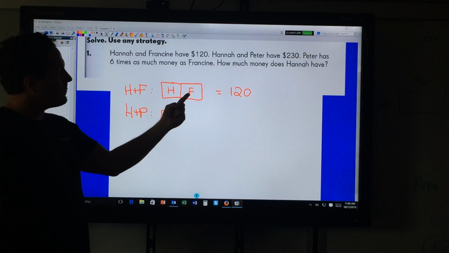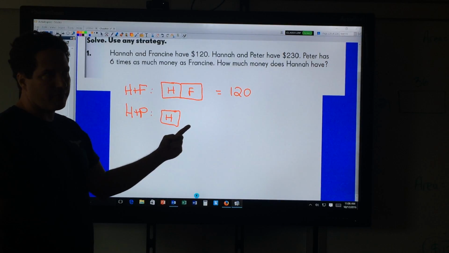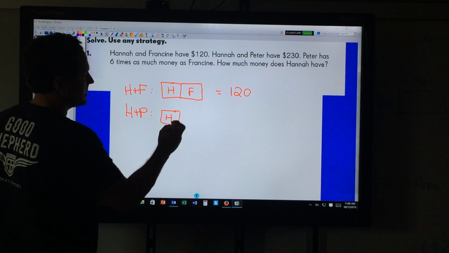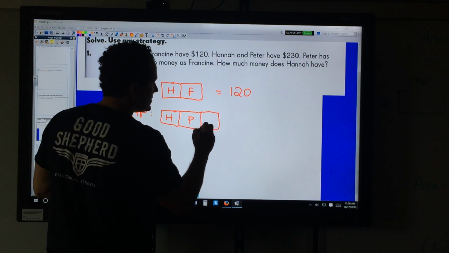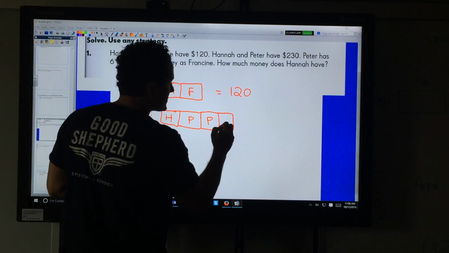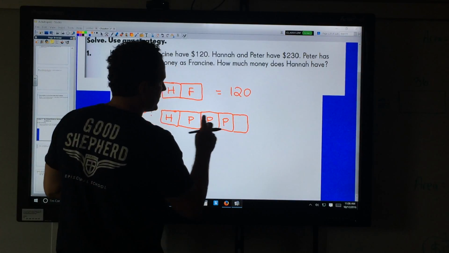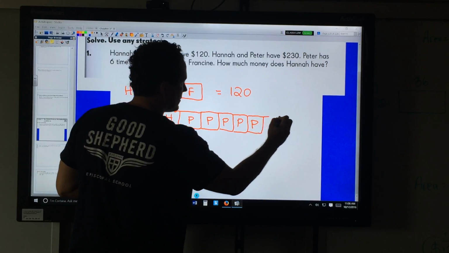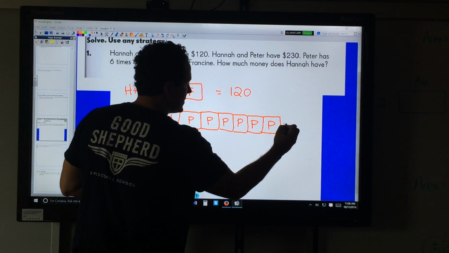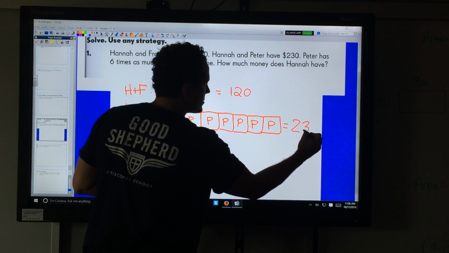If Francine has 1 box, Peter's going to have 6 boxes. So I need to have 6 units or 6 boxes for Peter. 1, 2, 3, 4, 5, 6. And that together will be $230.